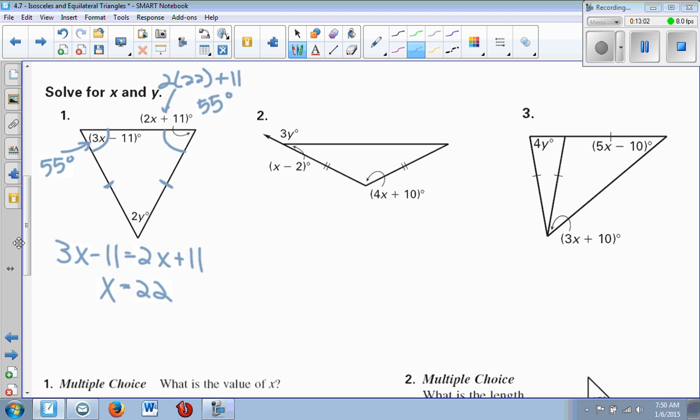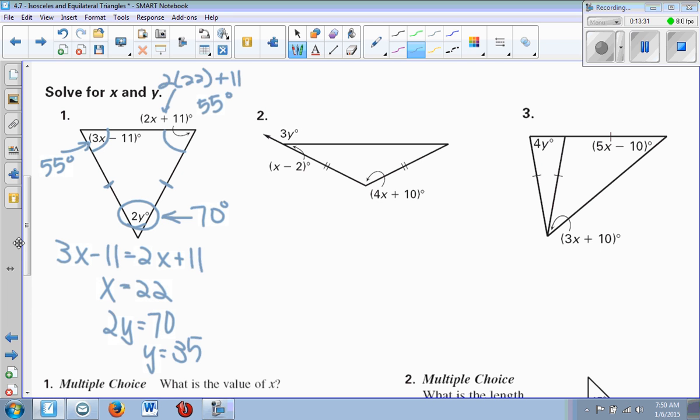So together, that's 110, meaning that for this angle here, there's 70 left over. So if I want to figure out what y is, I take 2y, set it equal to 70, and if I divide by 2, we get a y value of 35. Once I have solved for both of those, that's all the problem asked for, so we move on.